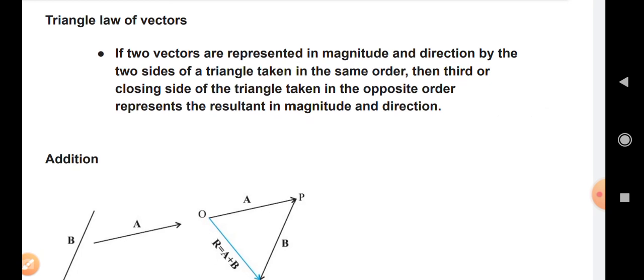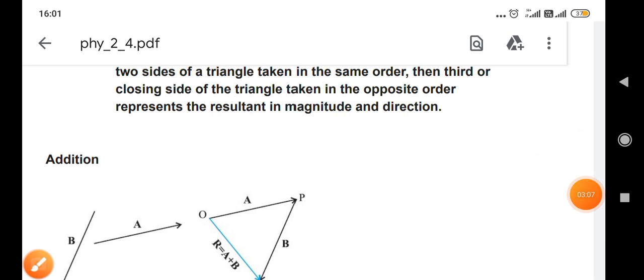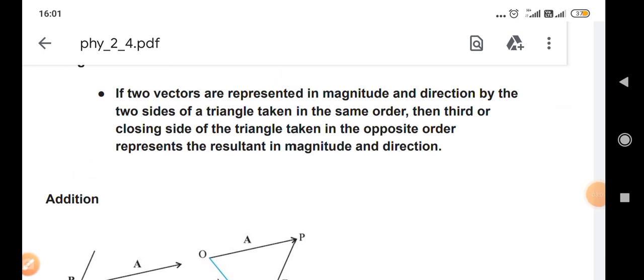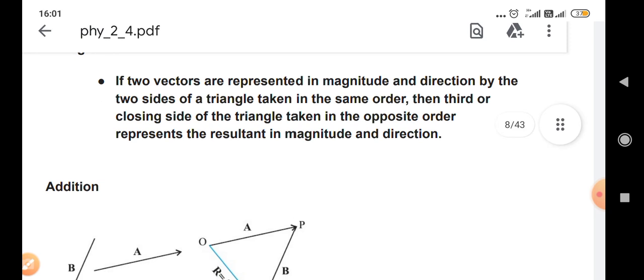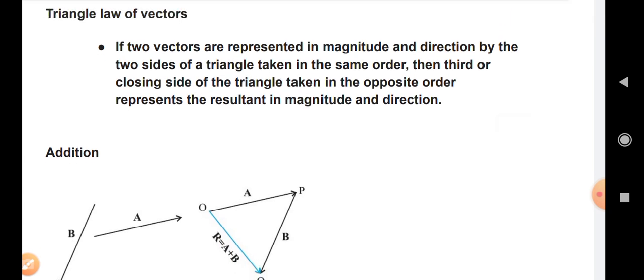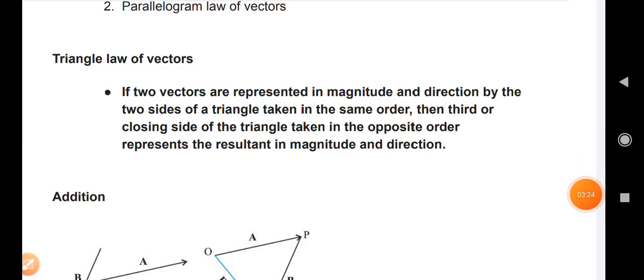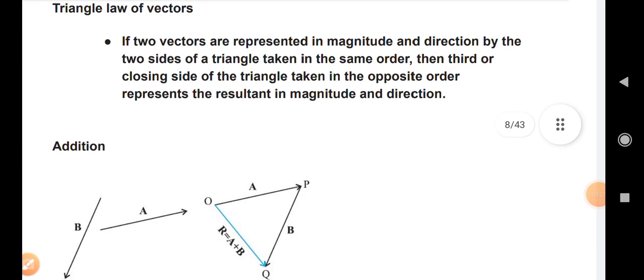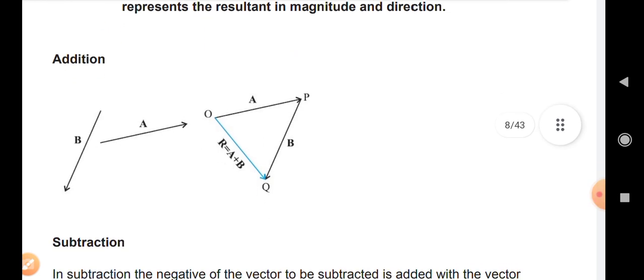If two vectors are represented in magnitude and direction by the two sides of a triangle taken in the same order, then the third or closing side of the triangle taken in the opposite order represents the resultant in magnitude and direction.